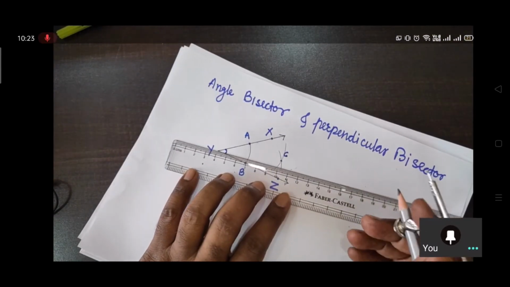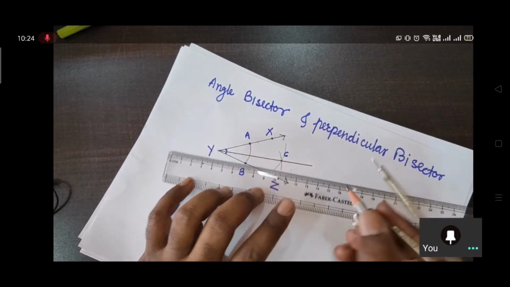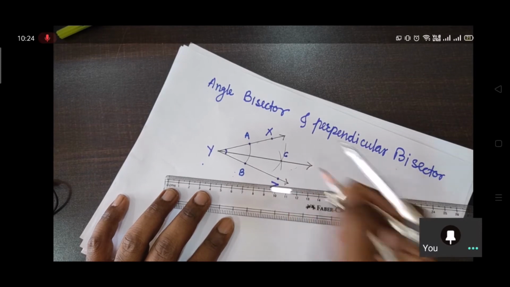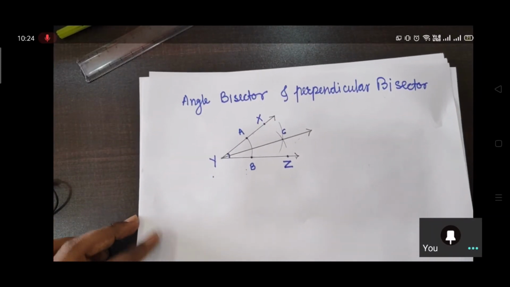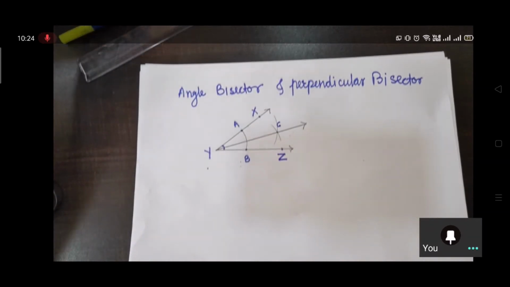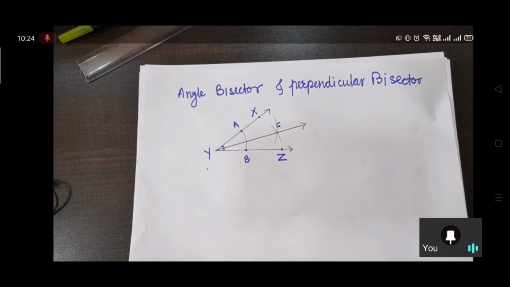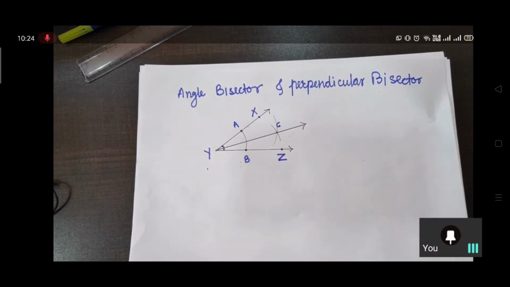I'm keeping this through this point Y and this point C. We have to draw one ray. In this way, this is the completion of the angle bisector. This construction is called angle bisector.